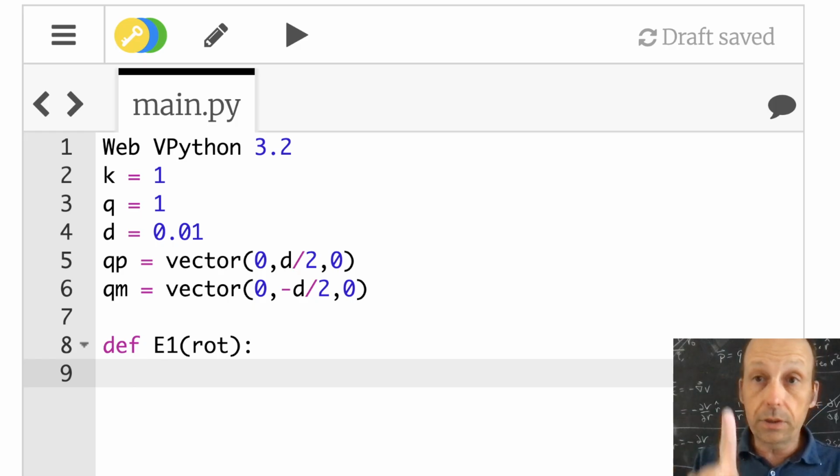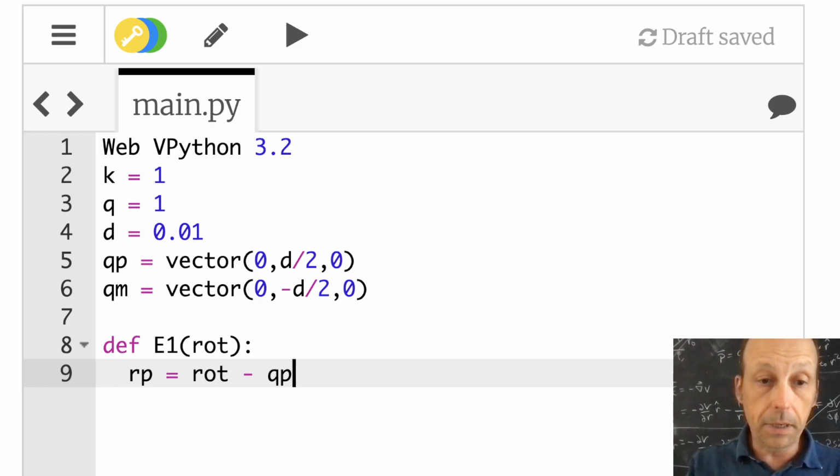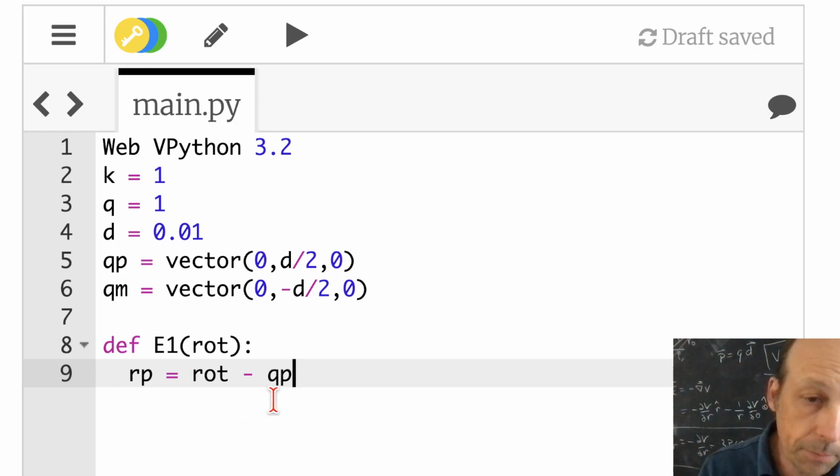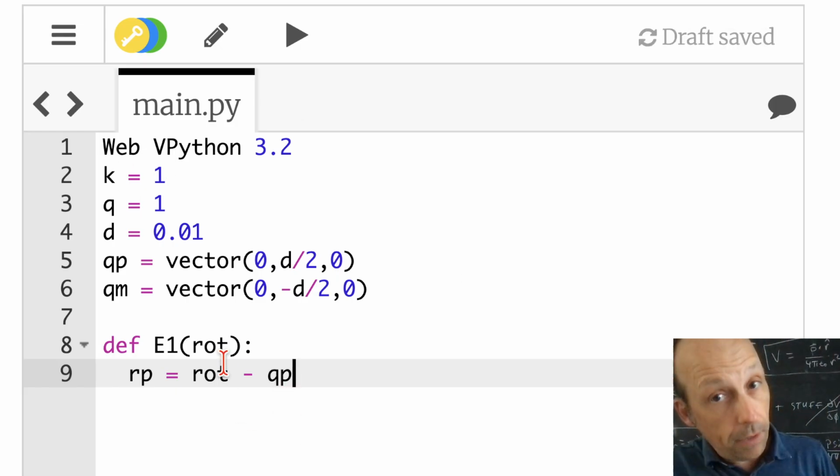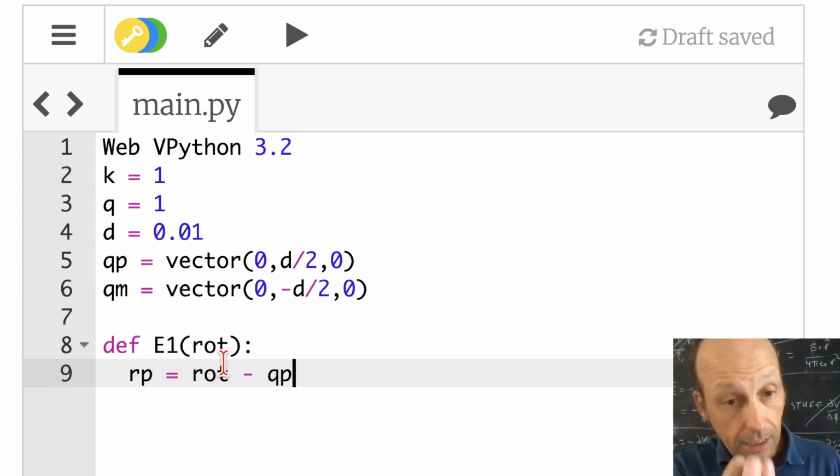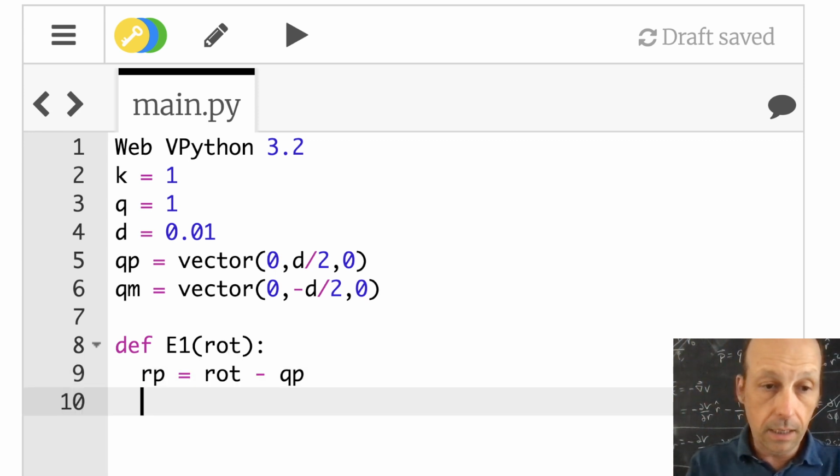The first thing I want to calculate is RP. RP is going to be ROT minus QP, so that's the vector from the positive charge to whatever observation location I give it. And then Rm is going to be ROT minus Qm.